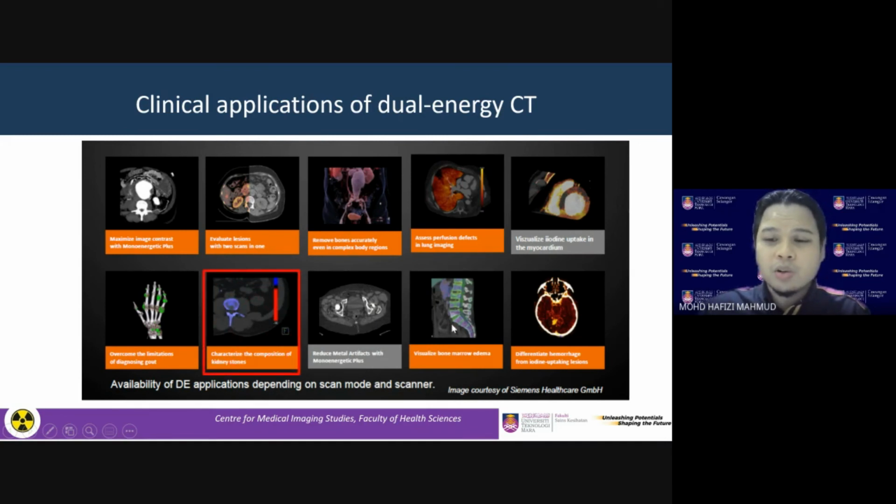Also bone marrow and hemorrhage. Actually, there are a lot of applications, so I'll just be focusing on how dual energy CT can be used to characterize the kidney stone.